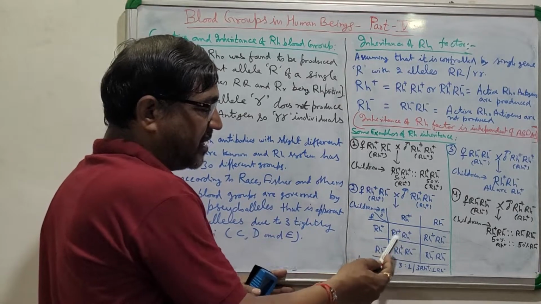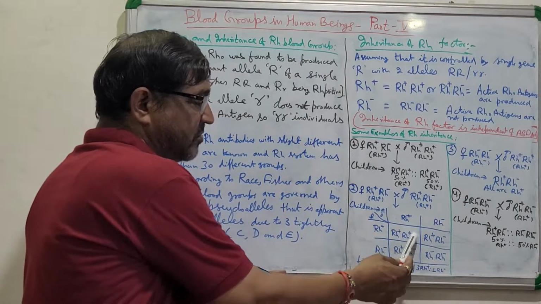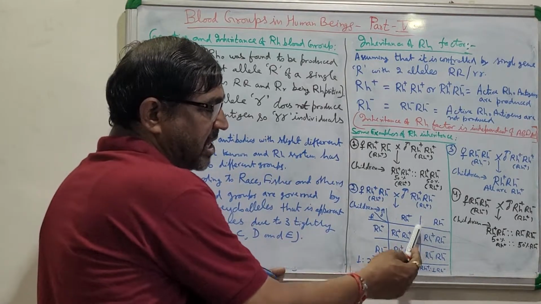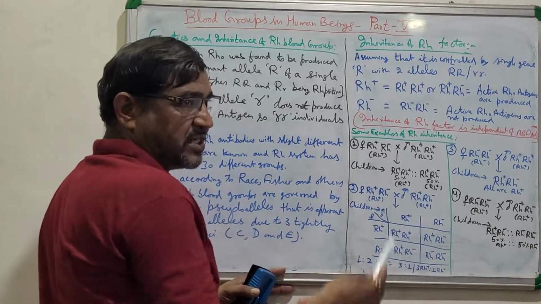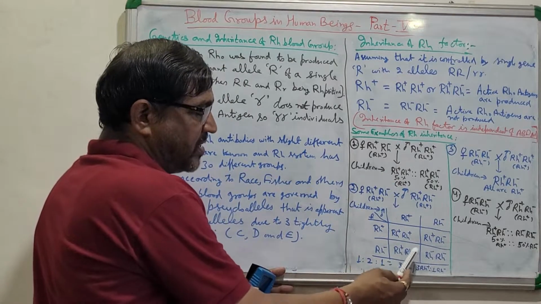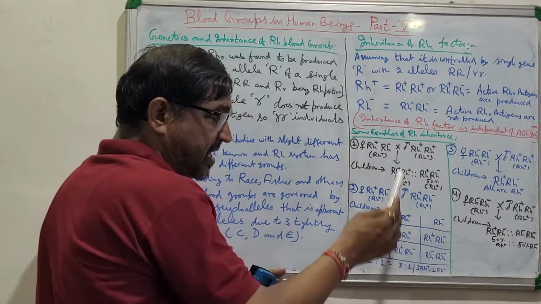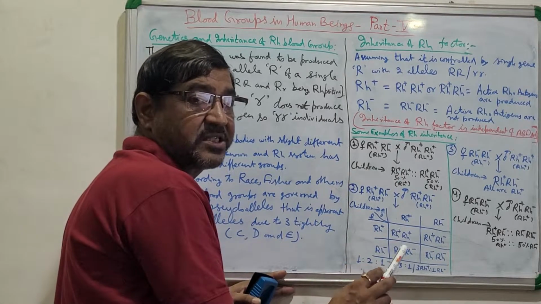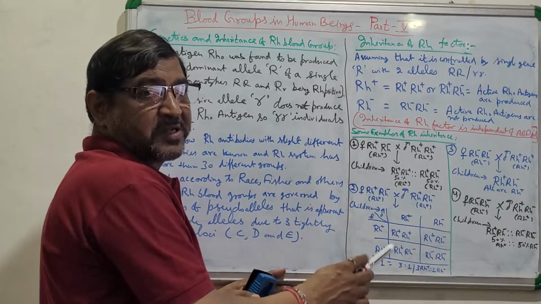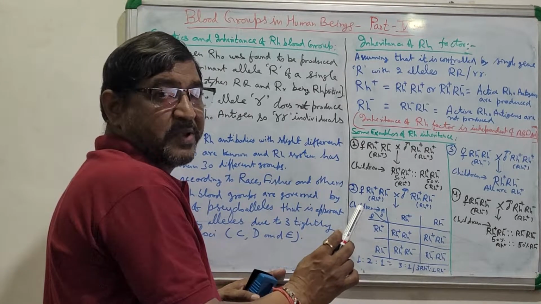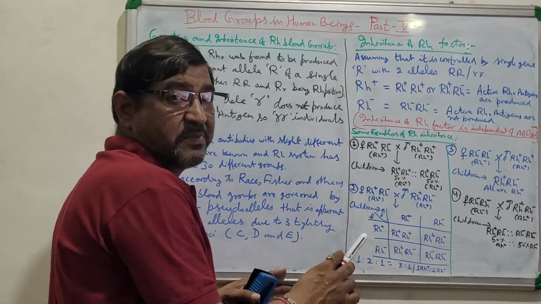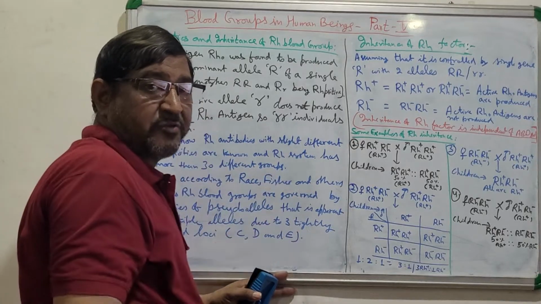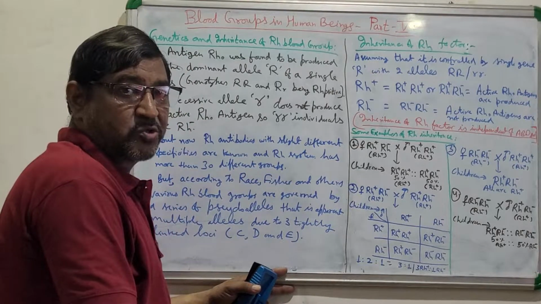When these two are fertilizing, this child will be Rh positive, this child also will be Rh positive but in heterozygous condition, and this child will also be Rh positive but in heterozygous condition, and this child will be Rh negative. So 25% will be Rh negative and 75% children will be Rh positive, with the genotype in 1:2 ratio.